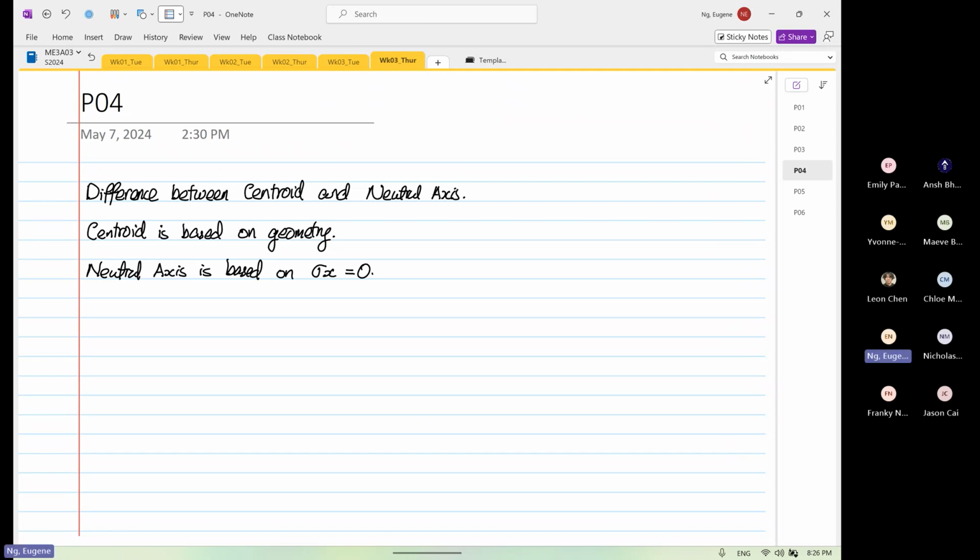Okay, so now there are conditions where the centroid and neutral axis are the same position or on the same line. But there are also stages where they are not the same.